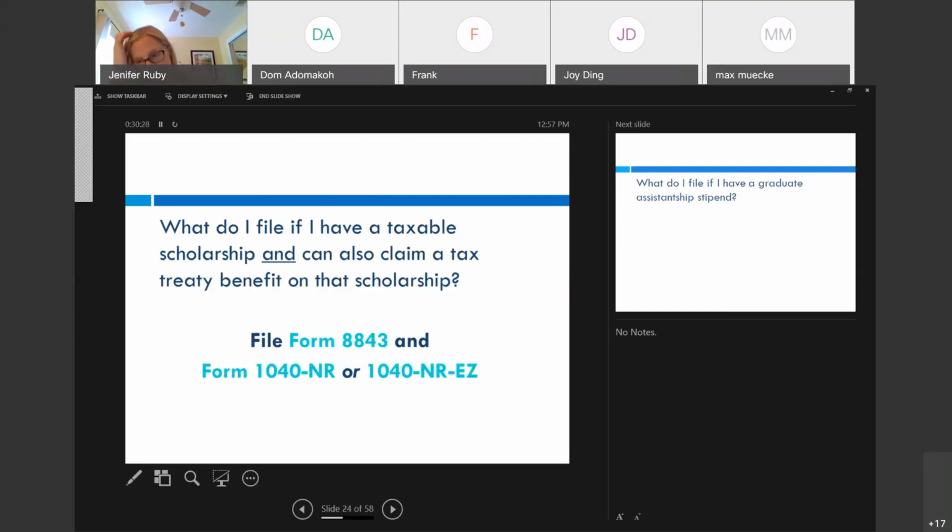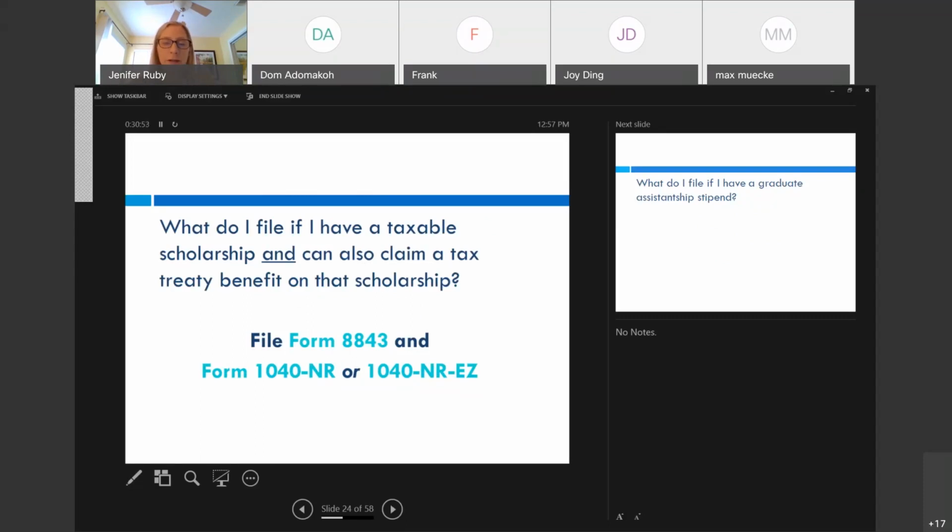And the reason we say that separately is that you may have been able to reduce your entire tax obligation based on a tax treaty, and therefore you don't actually have to pay any taxes on what you earned, but you still must prove to the government through a tax return all of the information, right?